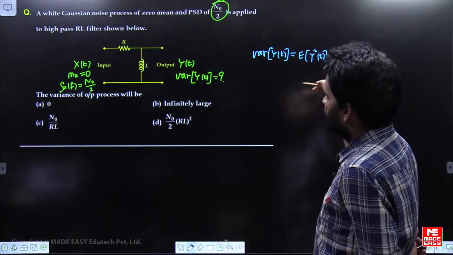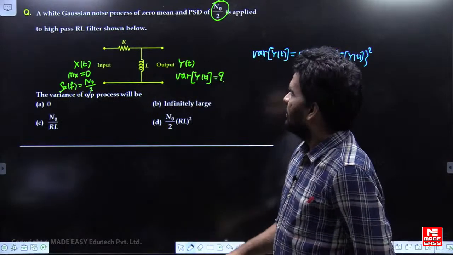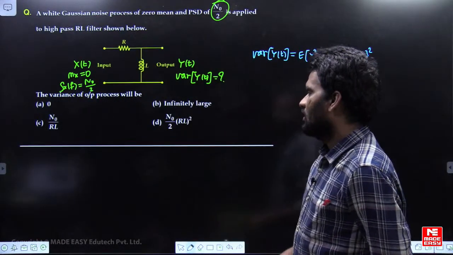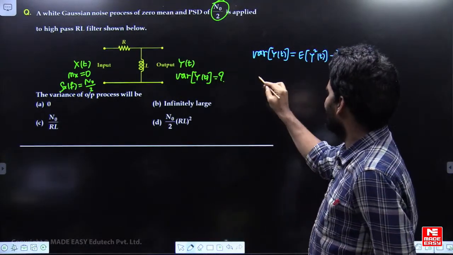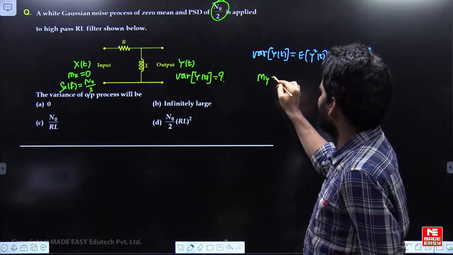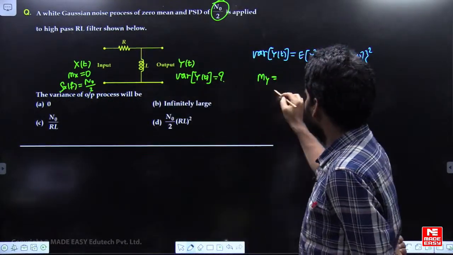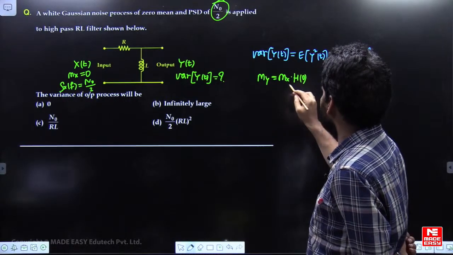Expectation of yt. The input mean is 0. It is an LTI filter of course. If you pass a random process through some LTI filter, then if the input mean is constant, the output mean is input mean into h of 0.